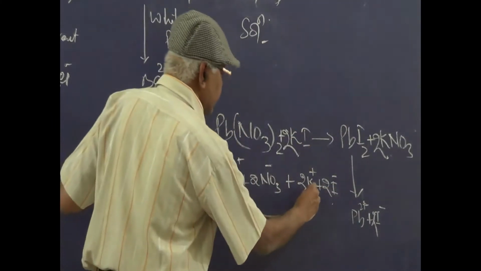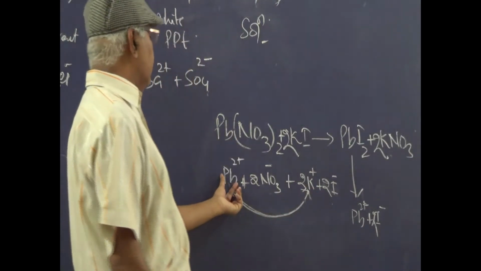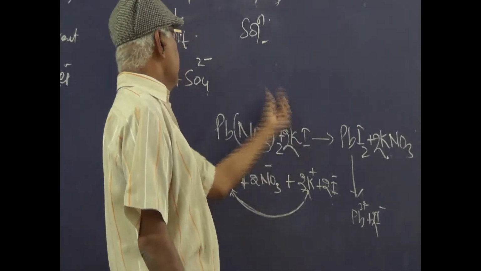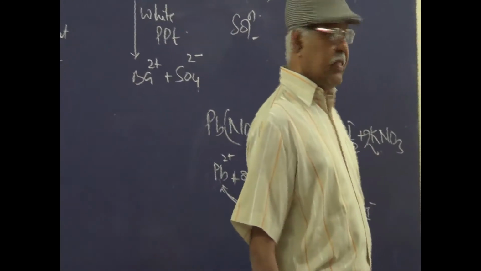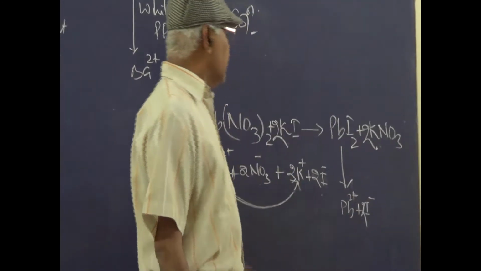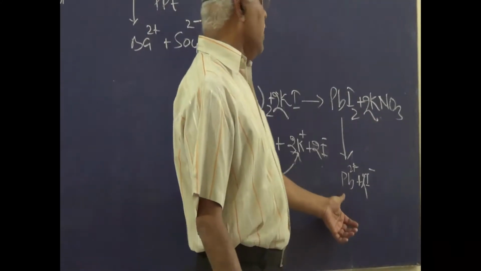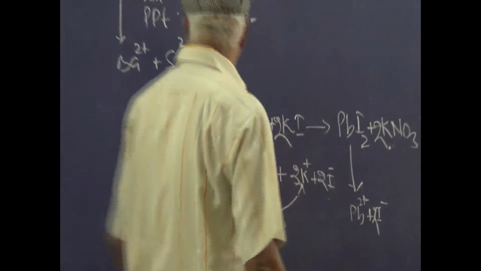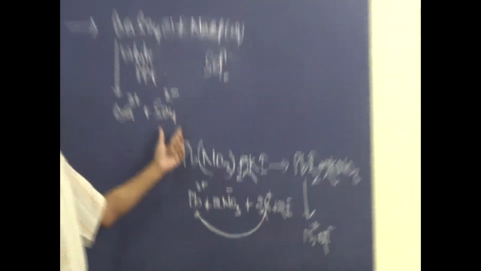Again lead and potassium get exchanged, and now you are going to get lead iodide and potassium nitrate. Lead iodide is formed by the combination of Pb2+ and I-. Similarly, barium sulfate is formed by Ba2+ and SO4 2-.